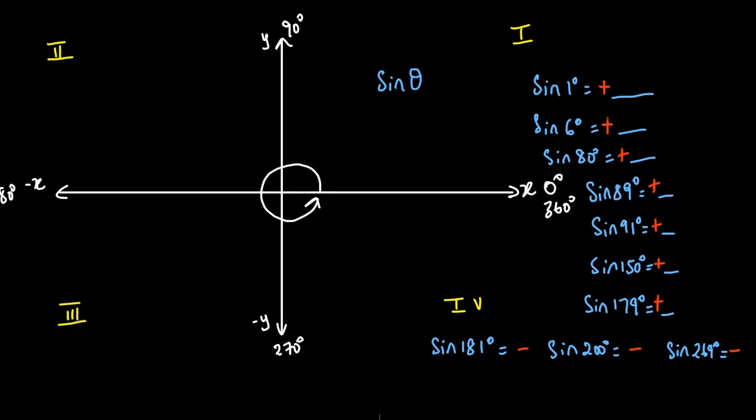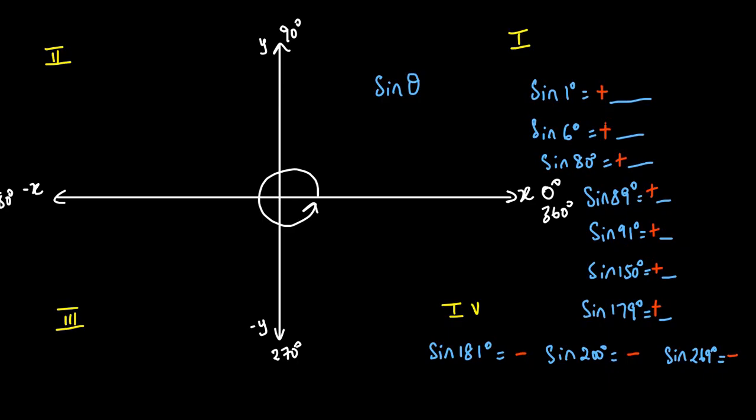Quite interesting. Okay, let's put sine 271 degrees, then put sine 300 degrees, and then put sine 359 degrees. If you do that, you should get all of them to be negative.